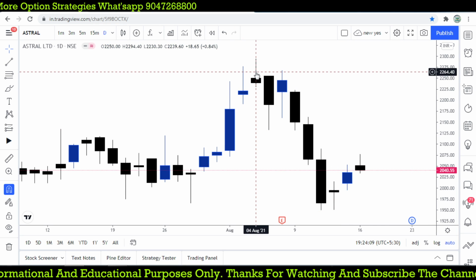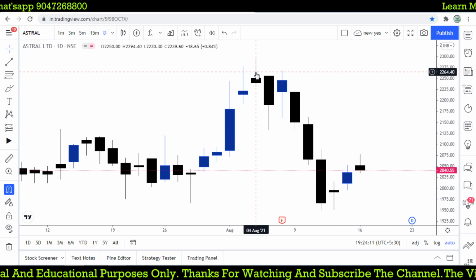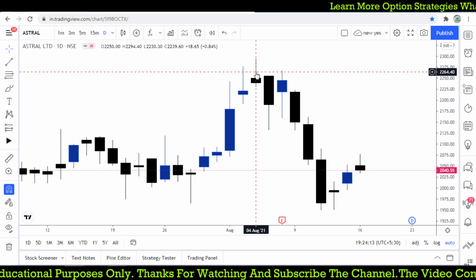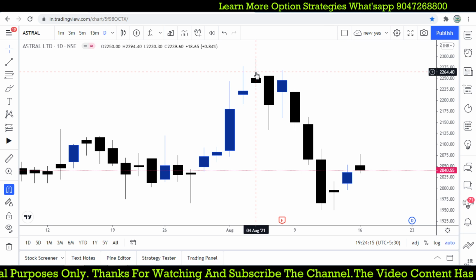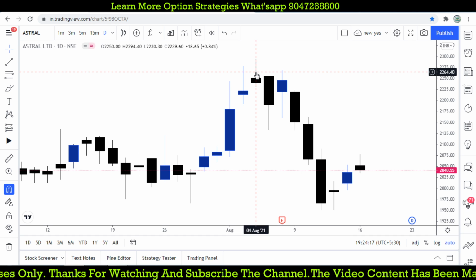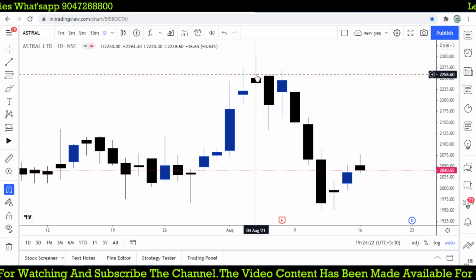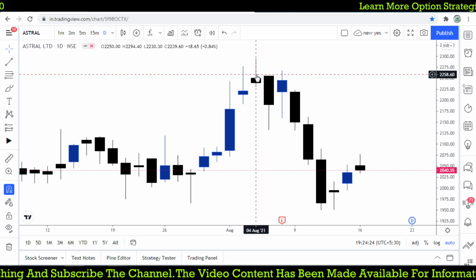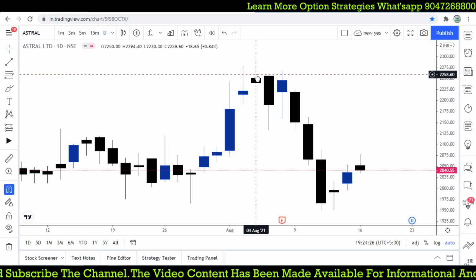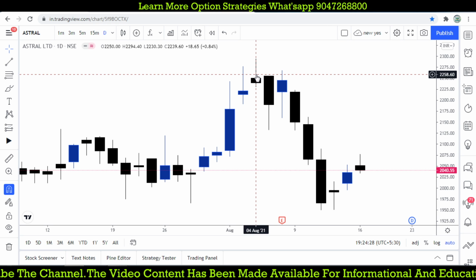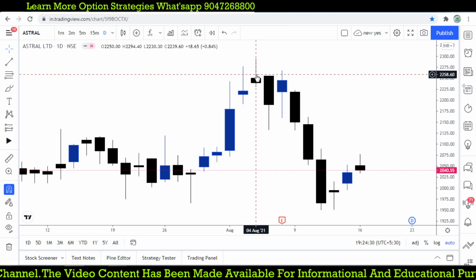Here, the risk of the trade is a little bit higher because the price is rejected at the highest level, so the wick is always high. If you check, the closing price is 2230 and the high price is 2294, so we got a stop loss of around 60 rupees for the trade.